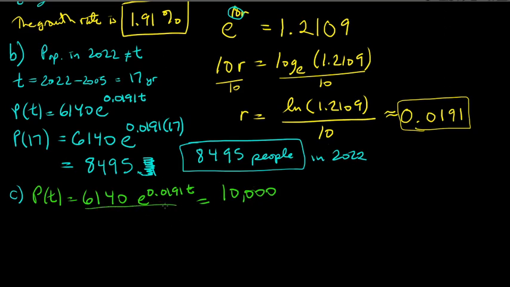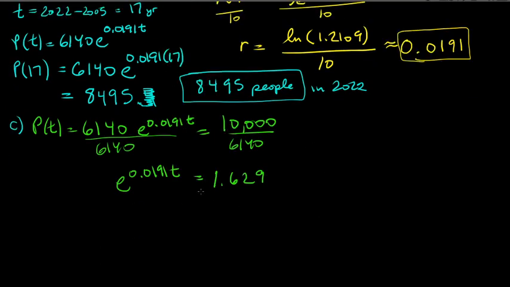So divide by the 6140, and you get e to the 0.0191 times t equals 1.6286. 1.62, should I round to 629? Probably good enough, right? 1.629, I think. Actually, well, okay. Now I might be a little bit off here, but fair enough.